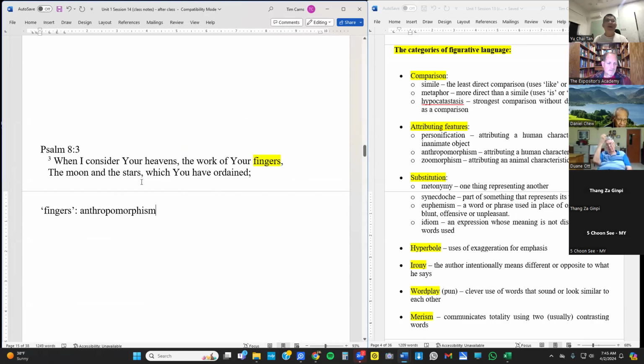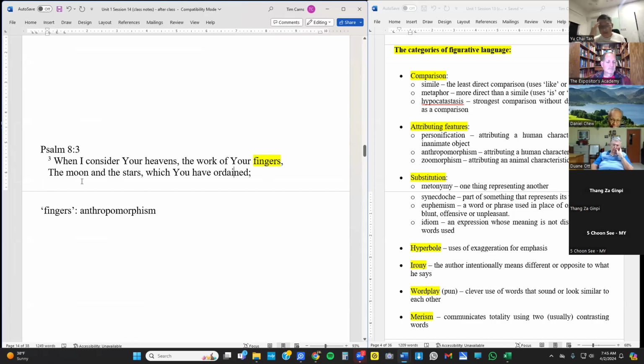And then the moon, the stars, that can be literal, "which you have ordained." Now, I'm not sure about ordained, whether it's God, or what's the other translation? You might have to do a word study, but ordained, just the English ideas: what he established, determined, carried out, planned.